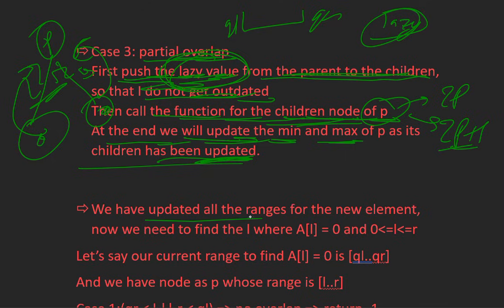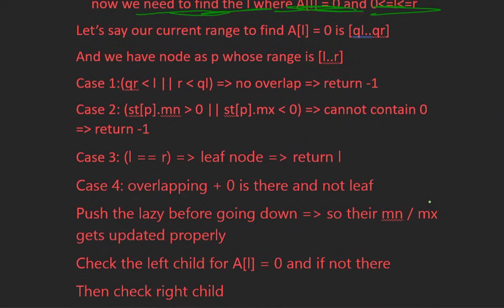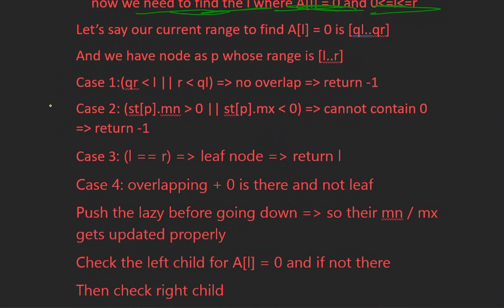Once we have updated all the ranges for the new element, suppose new element x, we have updated the affected range, then we need to find the l where a of l is equal to 0 in the range 0 to r. We have to find l. For this also we have three possible cases.